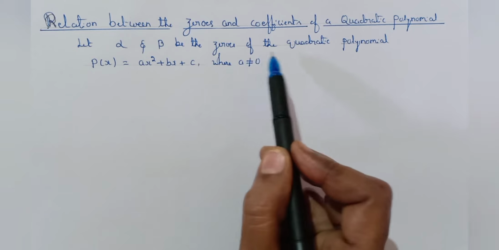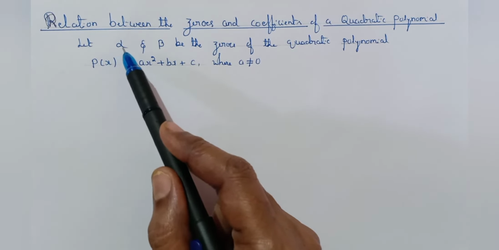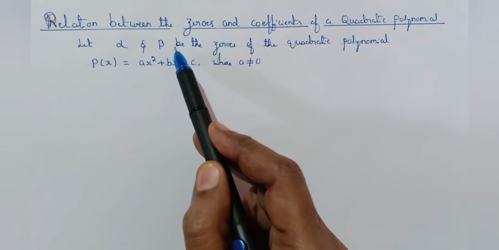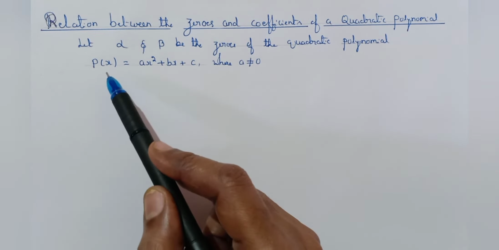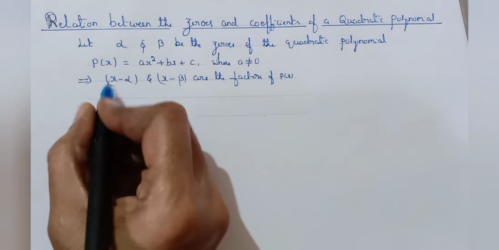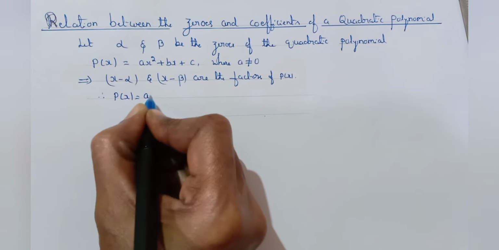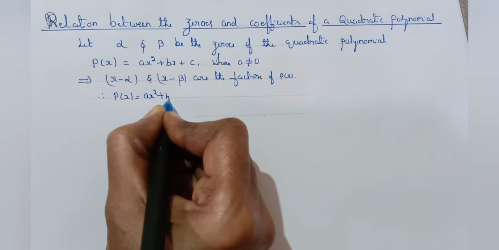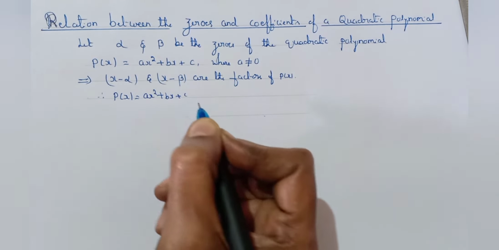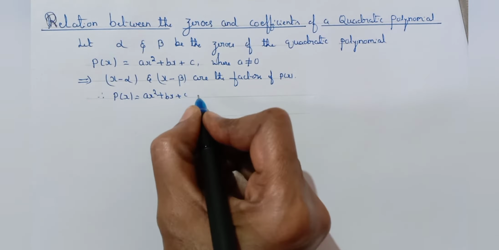If alpha and beta are the zeros of the polynomial, then x minus alpha and x minus beta are the factors of the polynomial p of x. Therefore, we can write p of x is equal to ax square plus bx plus c. Ax square plus bx plus c is the standard form of a quadratic polynomial.